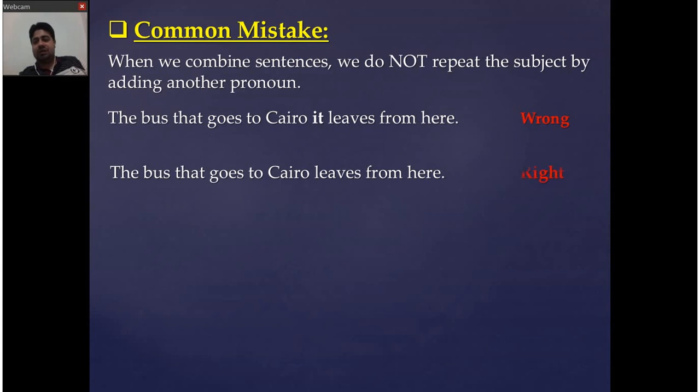And now it is correct, it's right. Alright, so we don't need it. Why repeat the same thing? Because it here refers back to the bus, so it's already there. Obviously we don't need it.